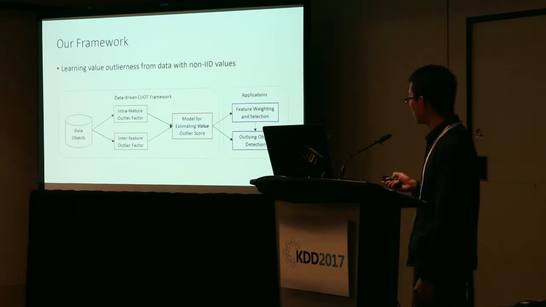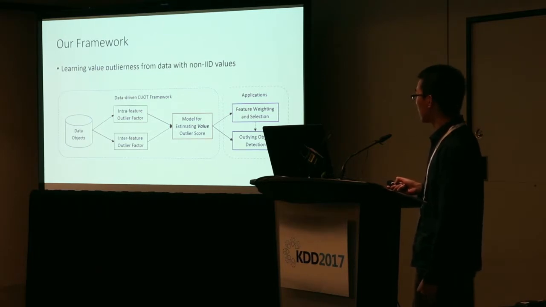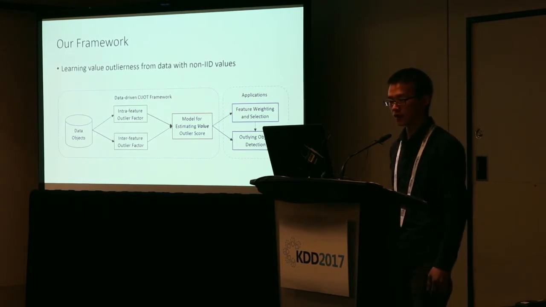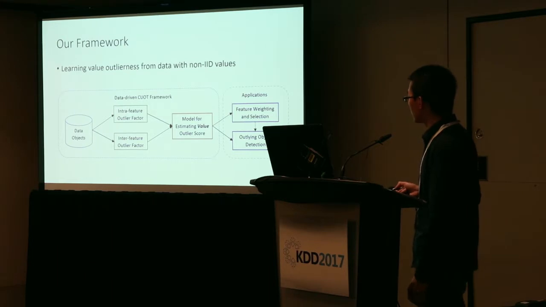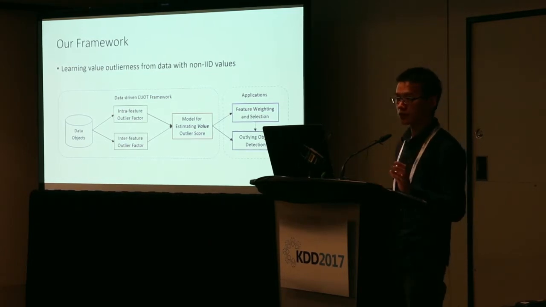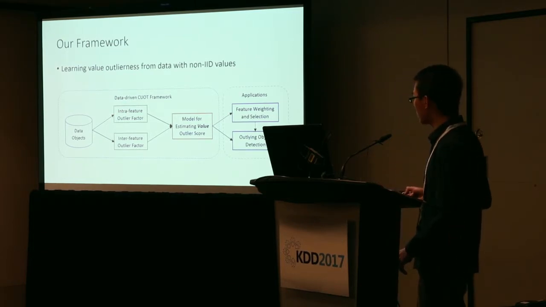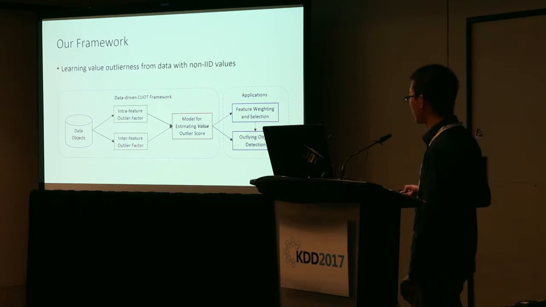Here we introduce a framework to model such kind of non-IID values. The framework works in this way. Firstly, we introduce an intra-feature outlier factor, which captures the intra-feature frequency distribution heterogeneities. And the inter-feature outlier factor is to capture the homophilous dependencies between the values.